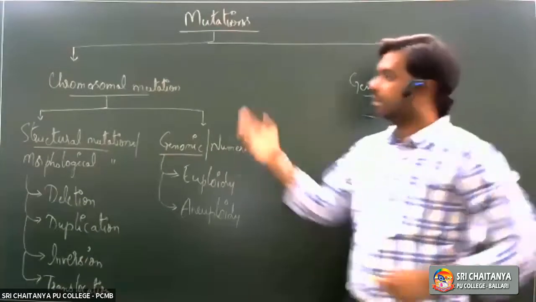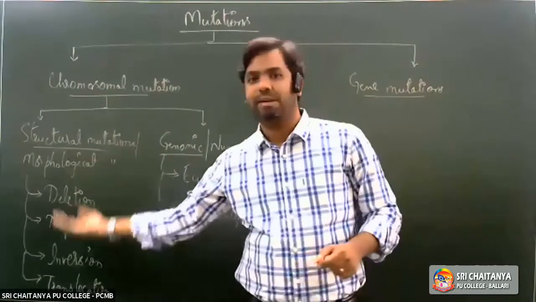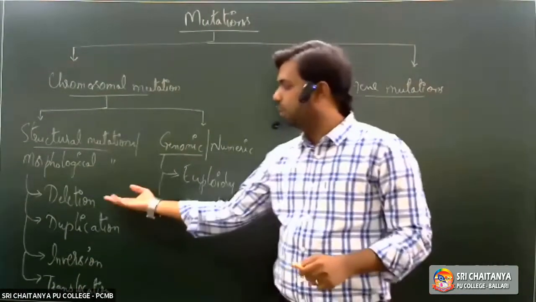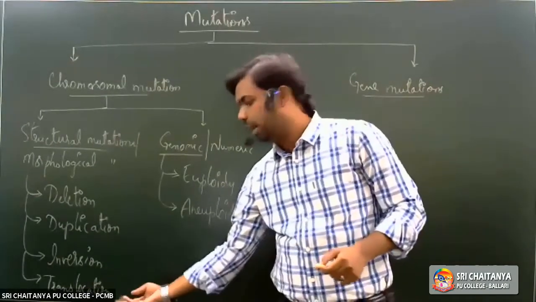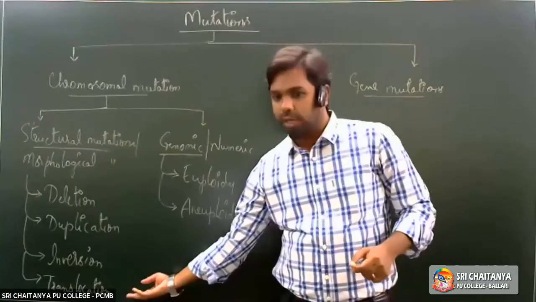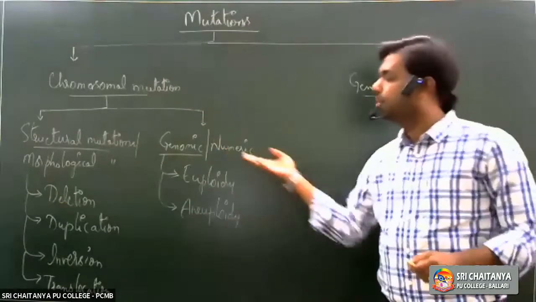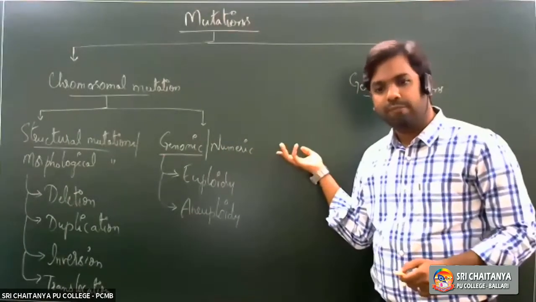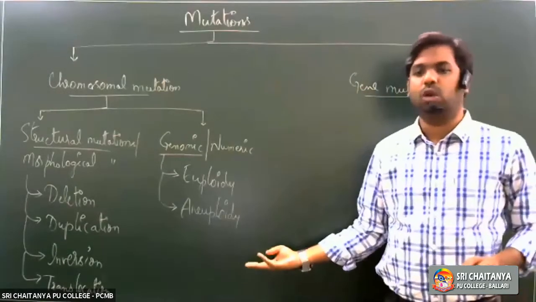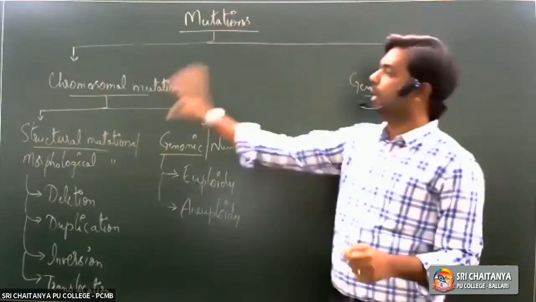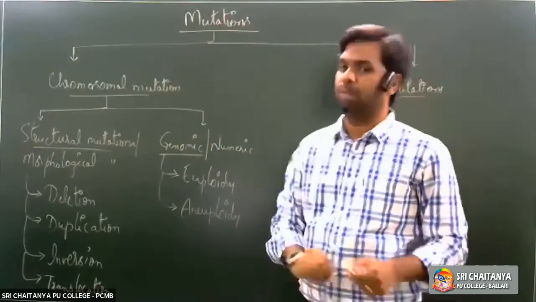Under structural mutation we have deletion, duplication, inversion, and translocation, whereas under genomic or numeric mutation we have euploidy and aneuploidy. All this together we call chromosomal mutation.